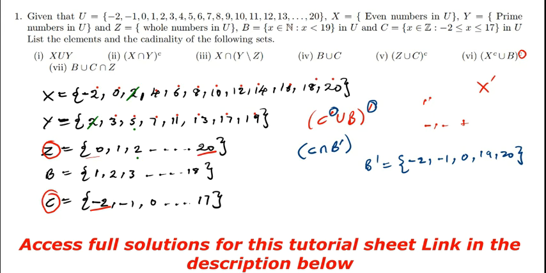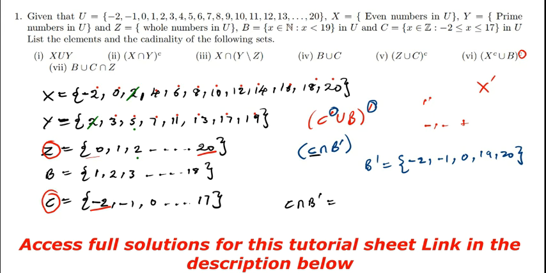So now we are saying find C intersection B complement. That is, find the elements which are found in C, but those elements are also in B complement. So which elements are going to be those? Where is C? C has elements starting from -2 all the way up to 17. So which elements are common?